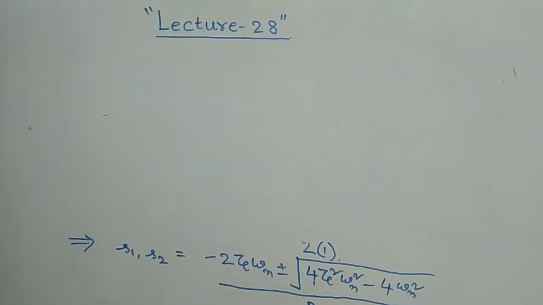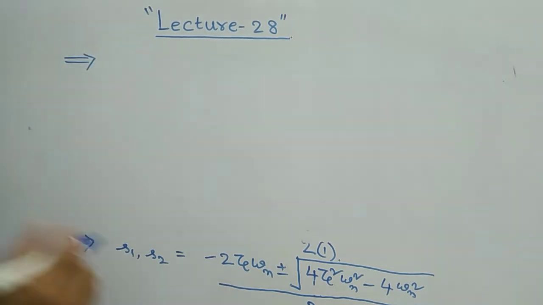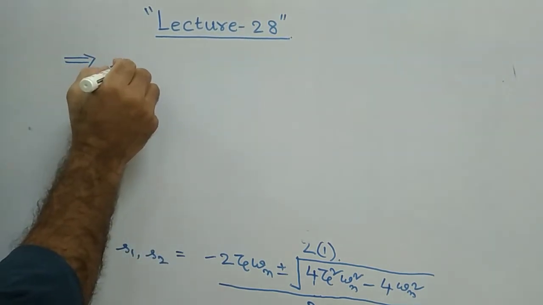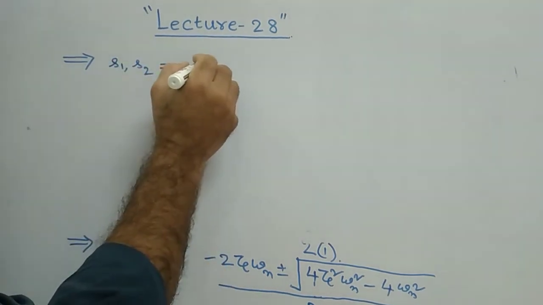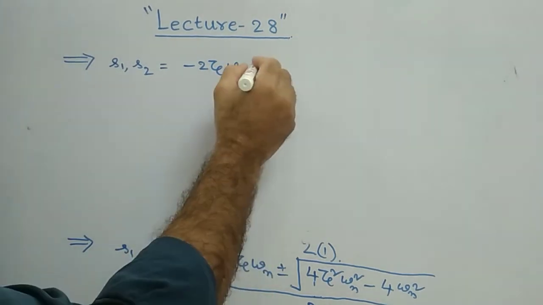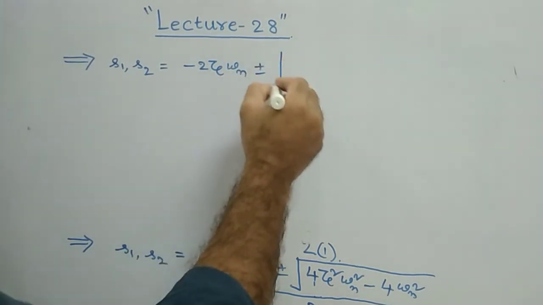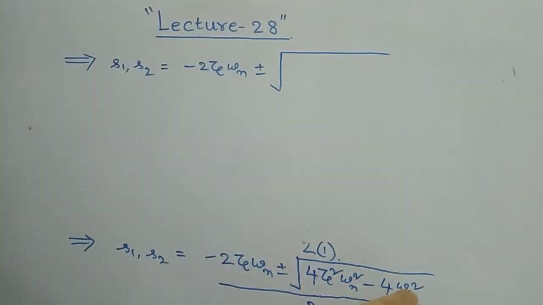This implies s1 comma s2 is equal to minus 2 times zeta omega n, and then plus or minus under the square root. What will you do? 4 omega n square is there.